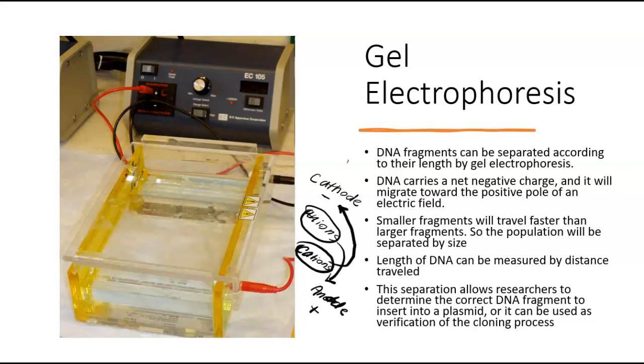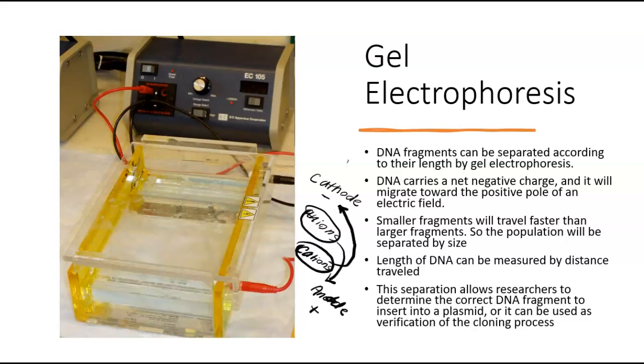And macromolecules can travel in these tiny little holes. Depending on how far they travel, they tell us something about the size of the macromolecule, but also about how compact the macromolecules are. So DNA fragments can be separated according to their length by gel electrophoresis. If you have a long piece of DNA, it is not going to travel very far.